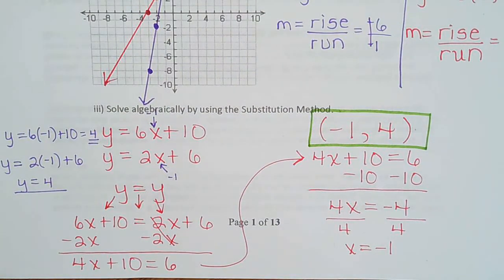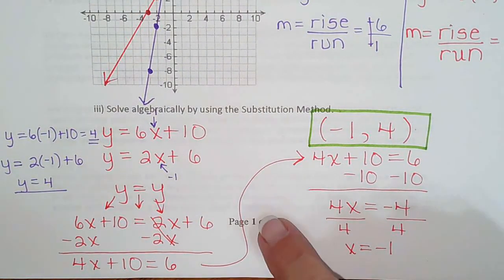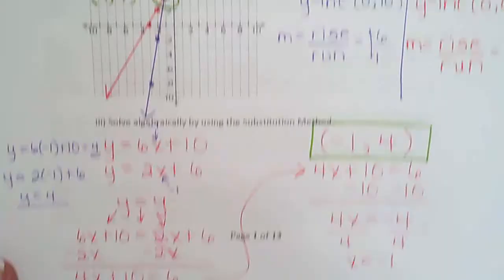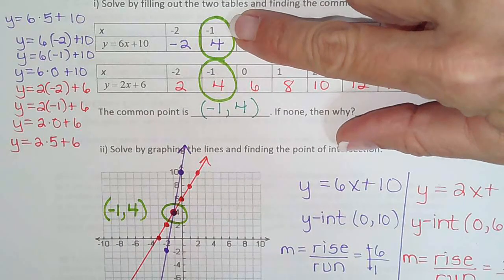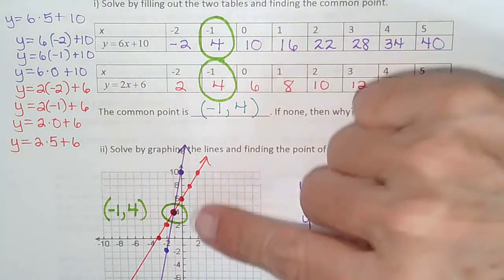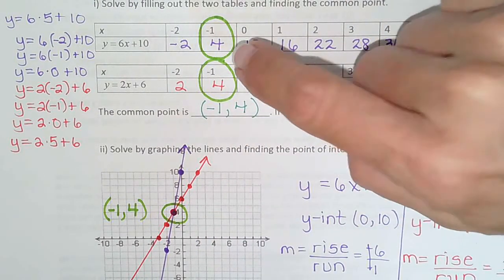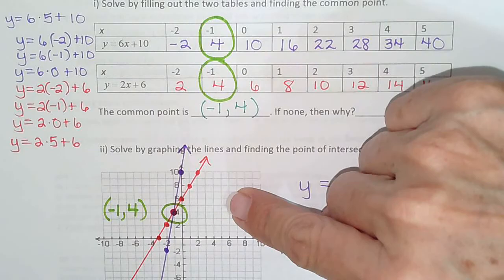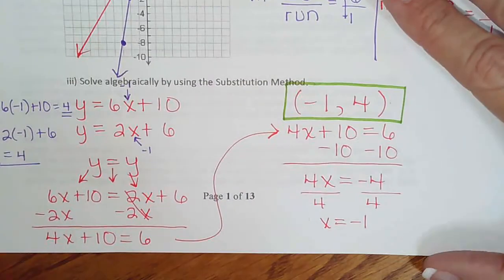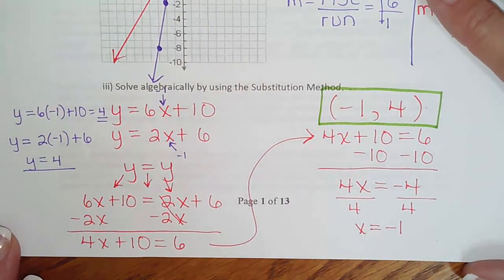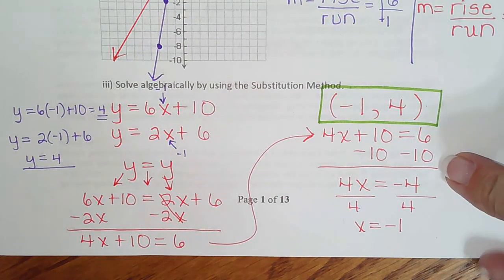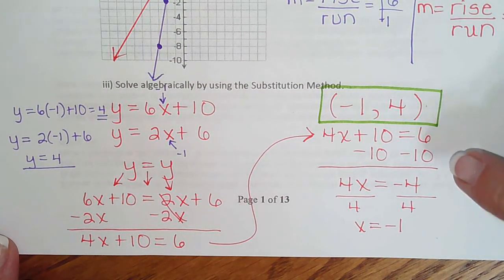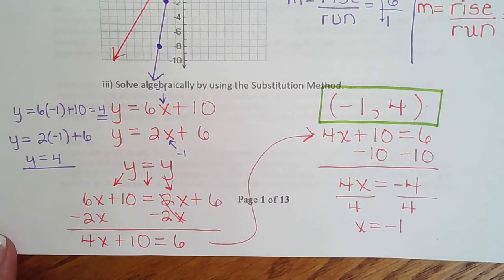You use the last one the most, because on these two, if the intersection point was 1.73, 2.58, it would have been really hard to find on a table or on a graph. Using algebra, though, it doesn't matter what your numbers look like. They're all about the same to find. So this is the most popular of the methods just because it's exact. We can't do fractions and decimals too easily with tables or graphs.